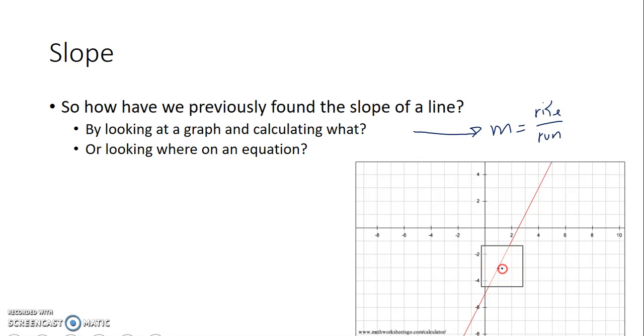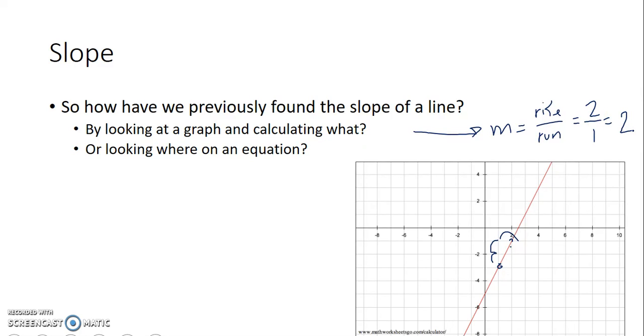All right, so let's pick a point. I'm going to pick this point right here. I'm going to rise 1, 2, and then I'm going to run 1, and I'm going to get to that point right there. So I rose 2, and there's that over 1, so that equals 2 divided by 1, which is 2.